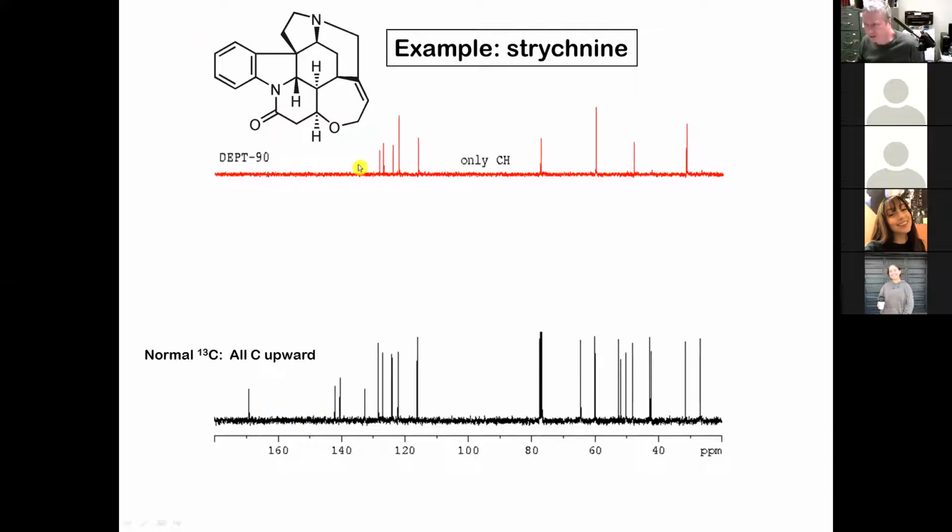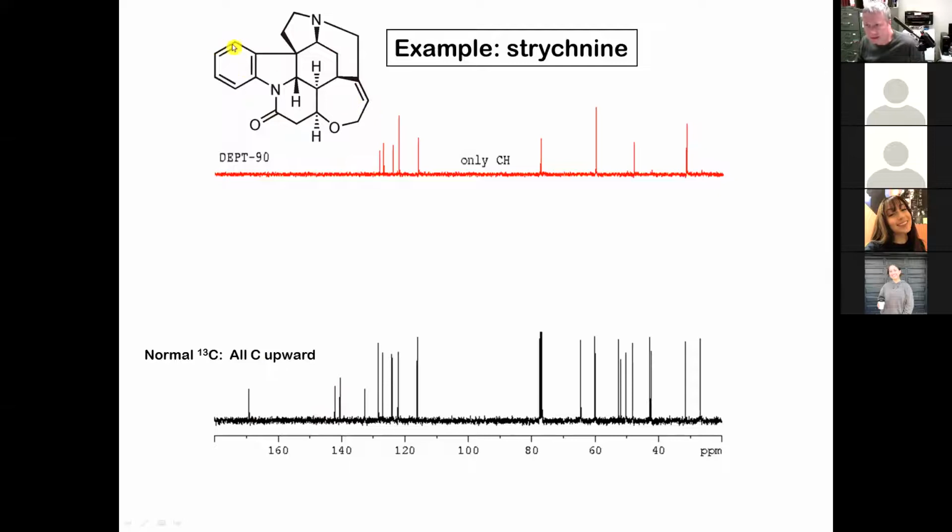What are the peaks over here around 120? Actually, what's the peak at 180? What do you think? Only one of these goes really far downfield. Which are the things that go really far downfield? Ketones and aldehydes, but there are no ketones and aldehydes. Maybe the amide, right? So there's the amide there.